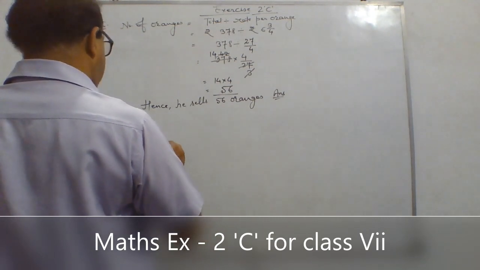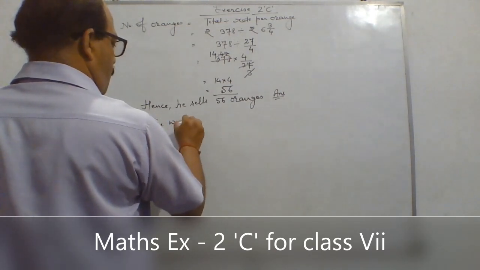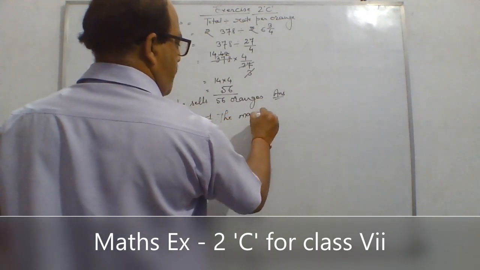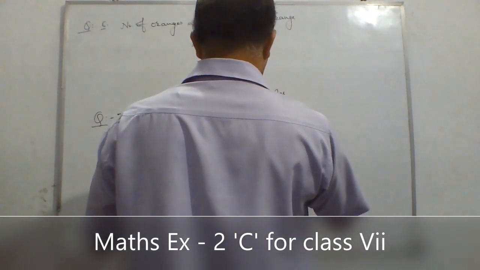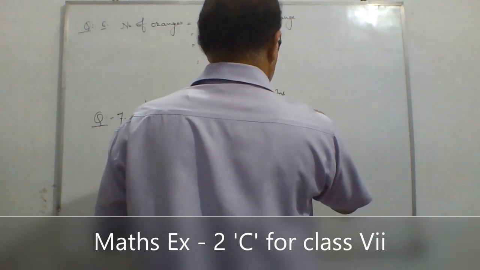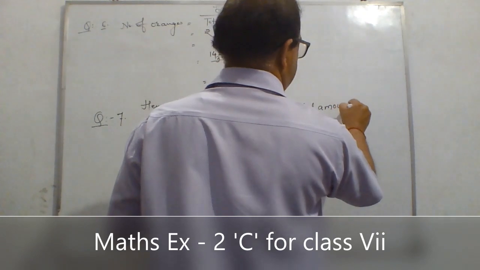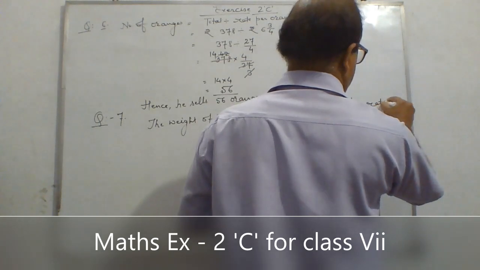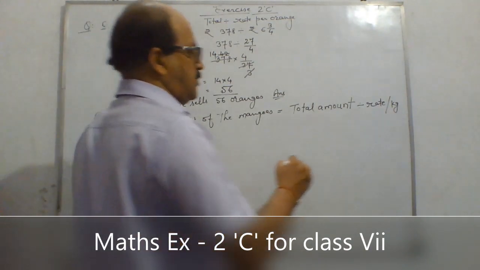The weight of the mangoes is the total amount divided by rate per kg of mangoes.